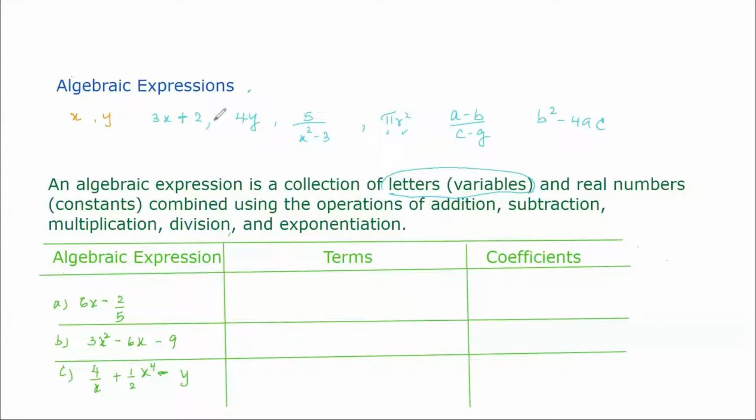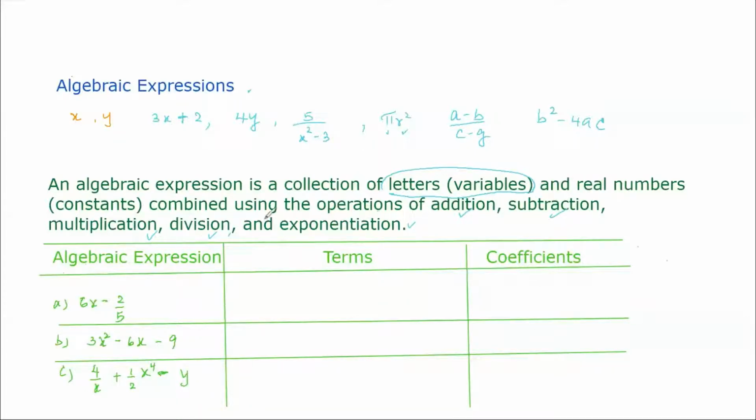So if you combine numbers with variables together with operations like addition, subtraction, multiplication, division, even some power, then we call all of these algebraic expressions. I want you to understand this clearly.